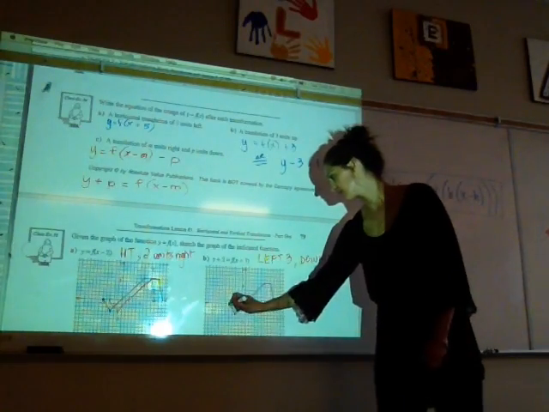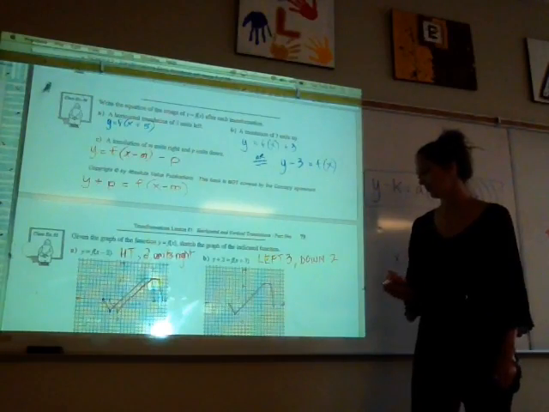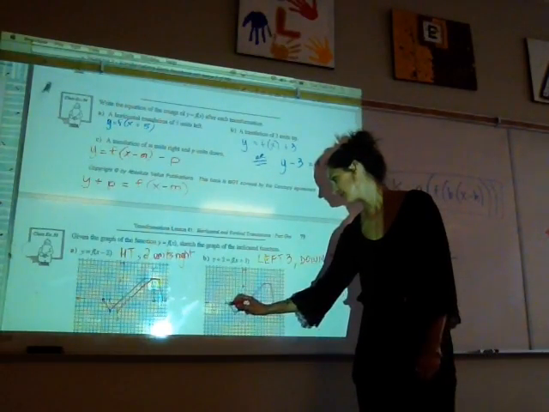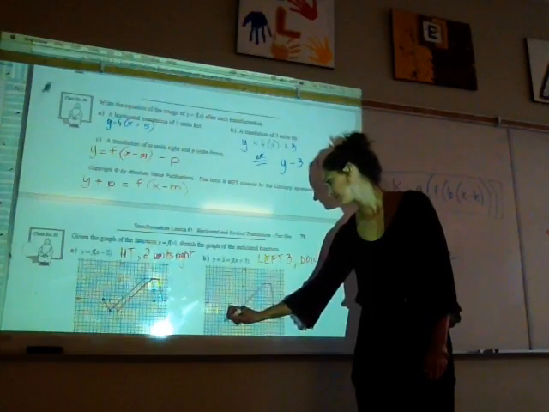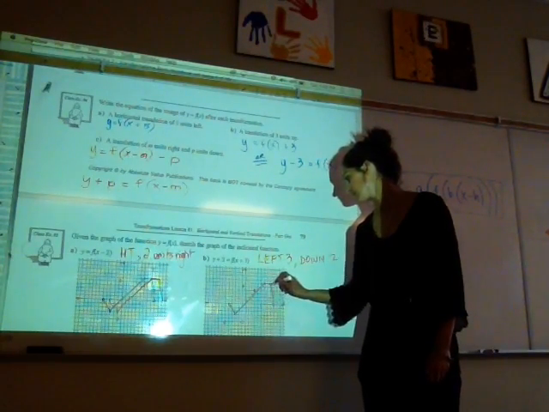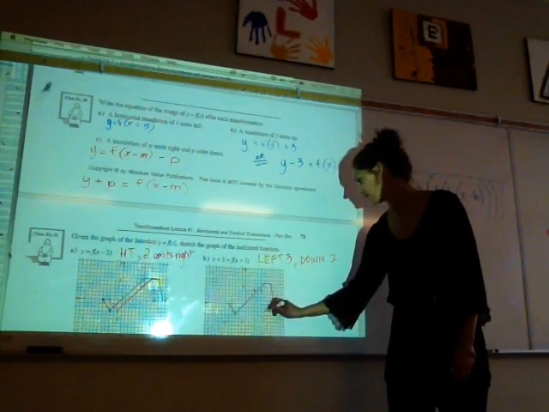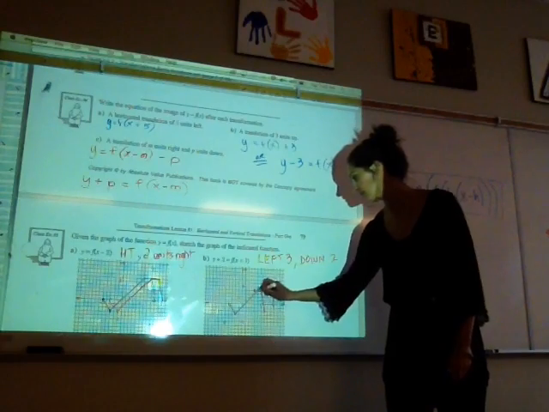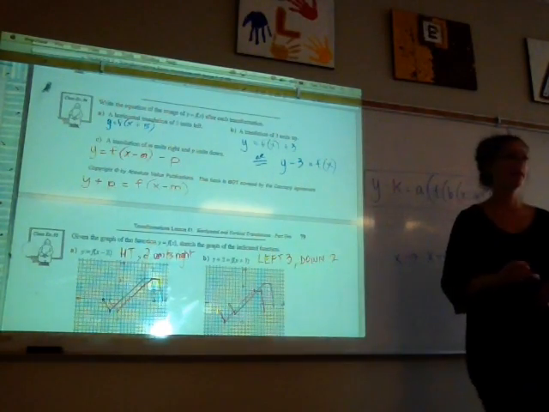So again, start with some key points, and you're going to move them left 3, down 2. So count 3 spaces to the left and then down 2. And then connect the dots. And voila.